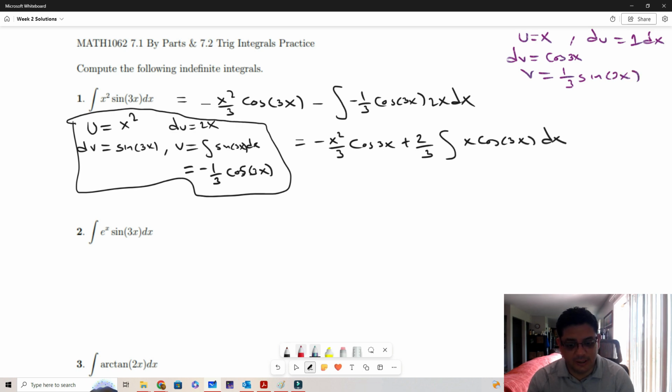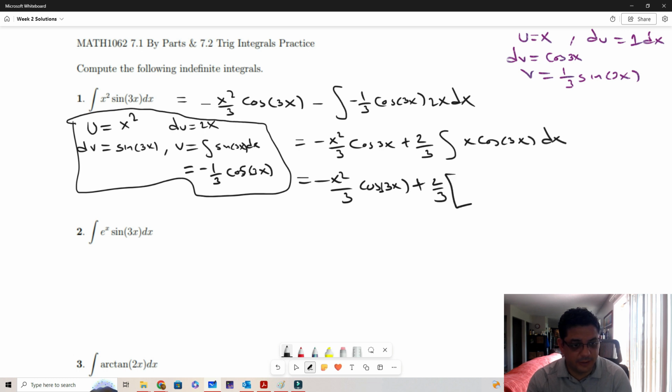And so at the end, this is going to be minus x squared over 3 cosine of 3x plus 2/3.